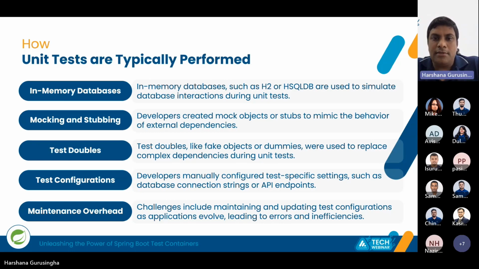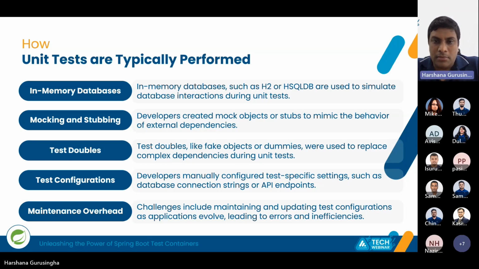Test doubles, such as fake objects or dummies, are used to replace complex dependencies during unit tests. These simplified implementations help in isolating units of code. However, they don't always replicate the exact behavior of the real dependencies, introducing the risk of missing important edge cases or interactions.